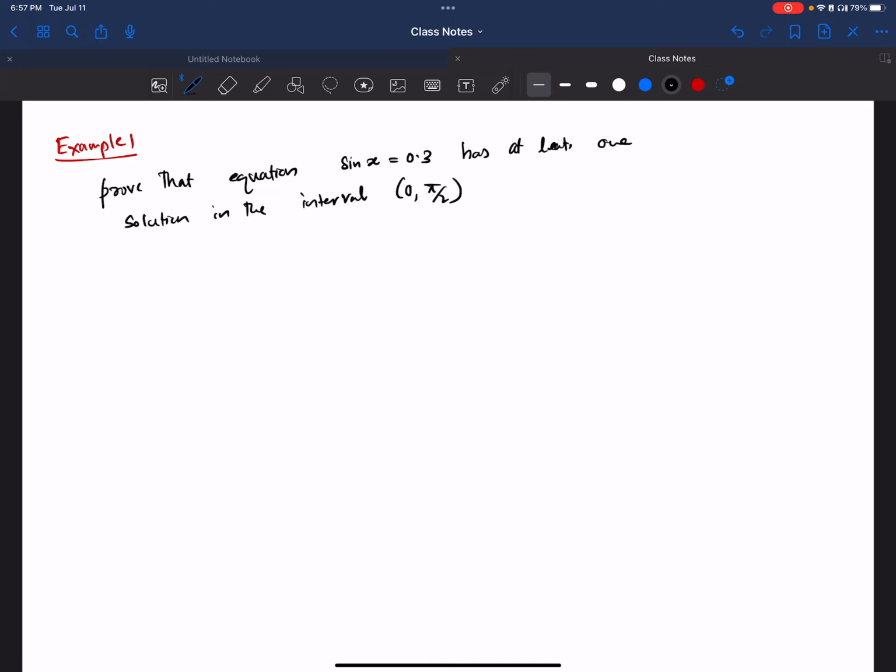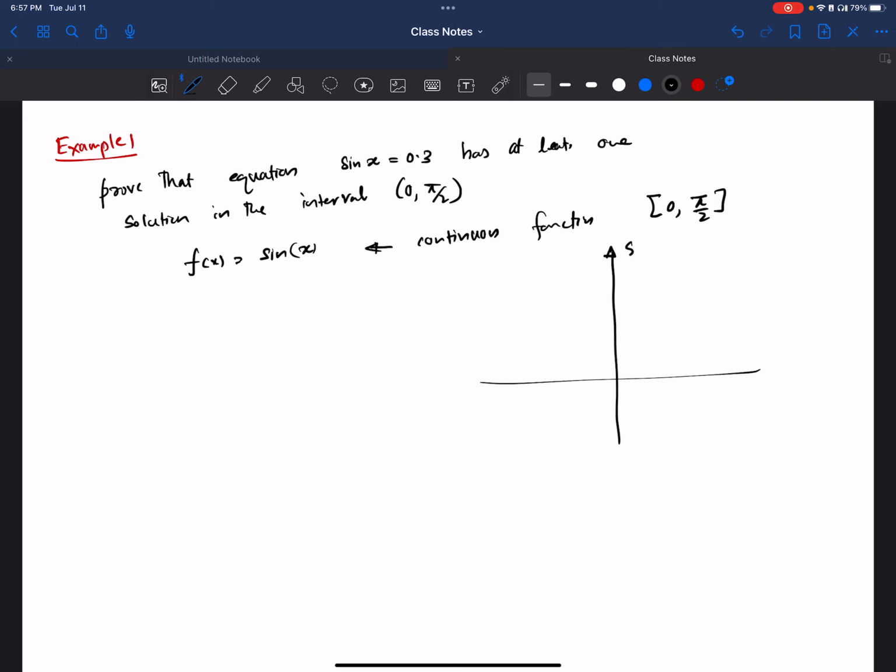So our function is f of x equal sine x, which is a continuous function in the closed interval 0 to pi/2. It's a continuous function, right?